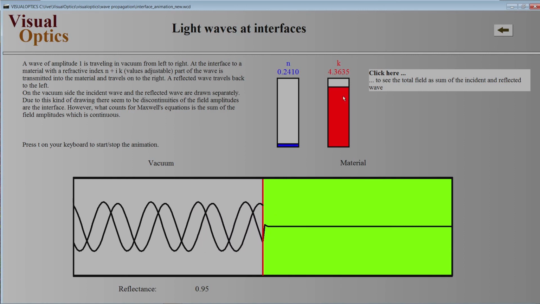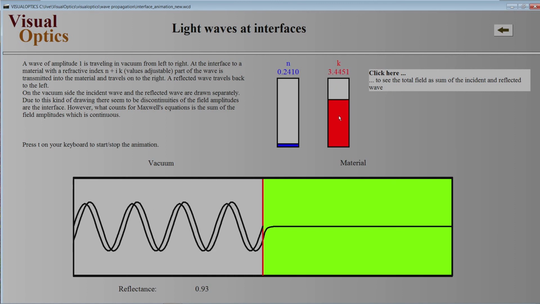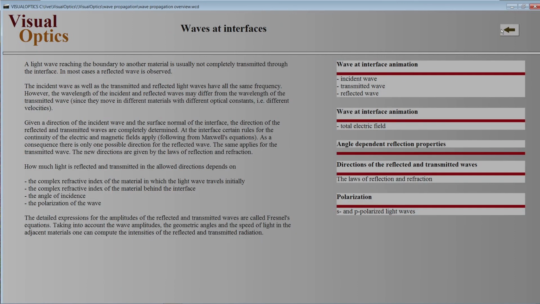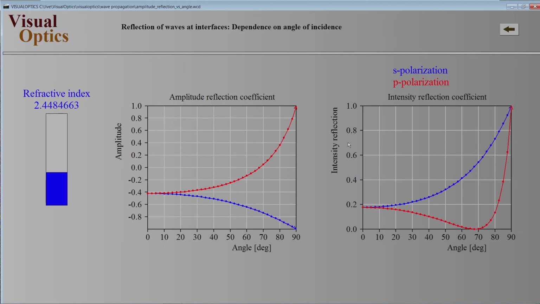Okay, that was a light wave approaching a single interface. Let's take a look at different angles of incidence. Actually, we just took a look at 0-degree perpendicular angle of incidence of light up to now.